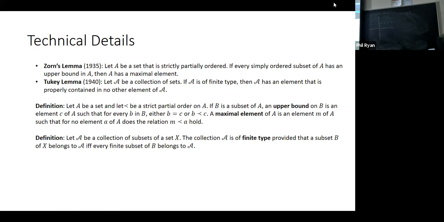And in Tukey's lemma, finite type means that if you have a collection of subsets, the collection is of finite type if, whenever a set B is in that collection, every finite subset of B has to be in that collection too.